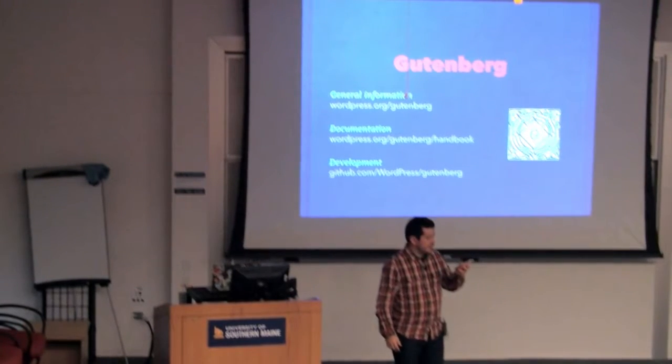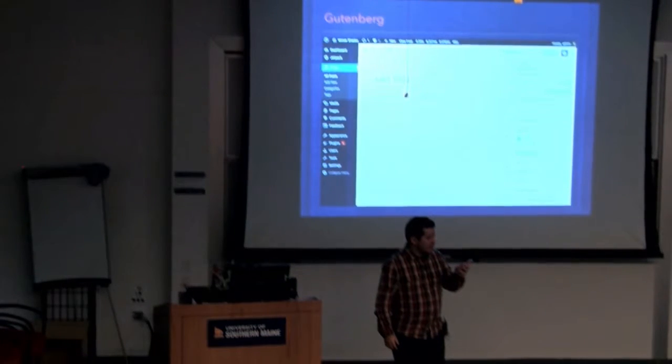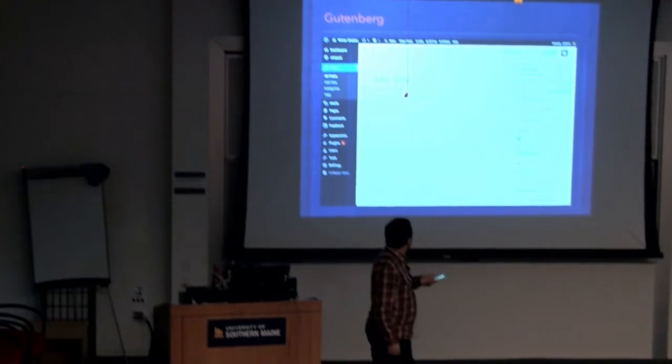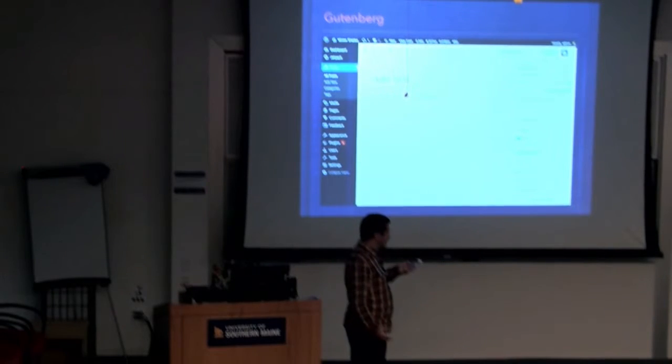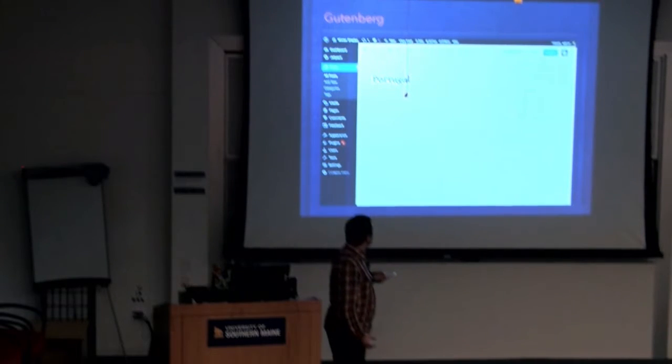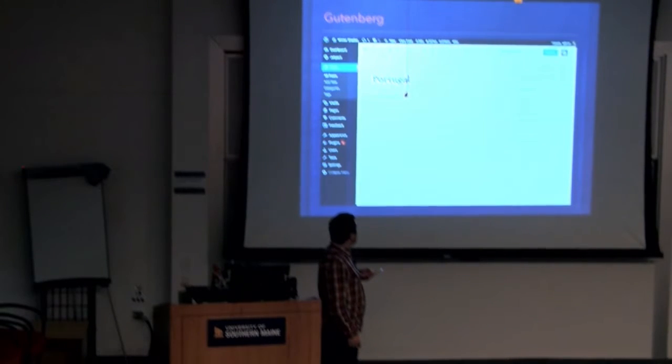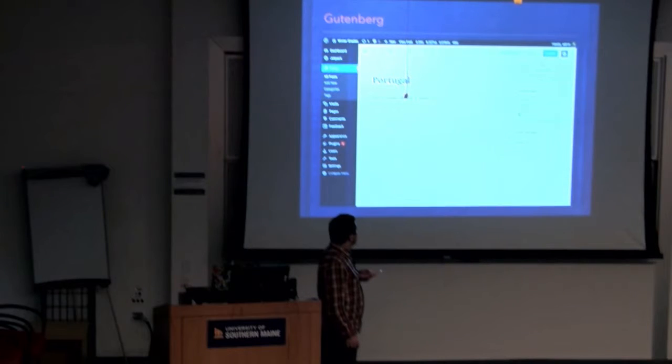And this is what Gutenberg looks like when you start with it. It's just a blank slate, just like the current classic editor. But it does some very interesting things.